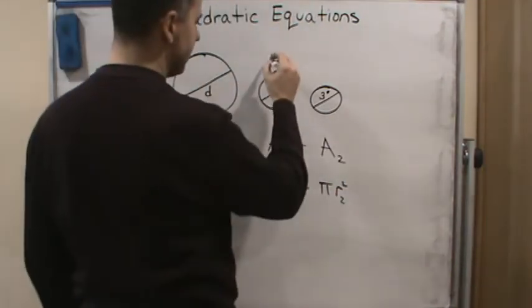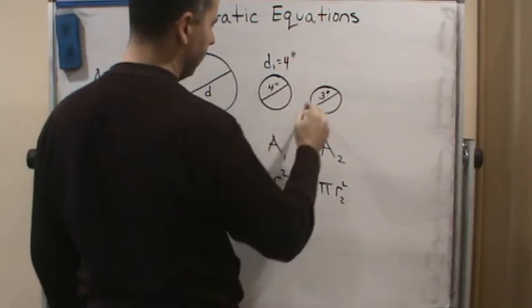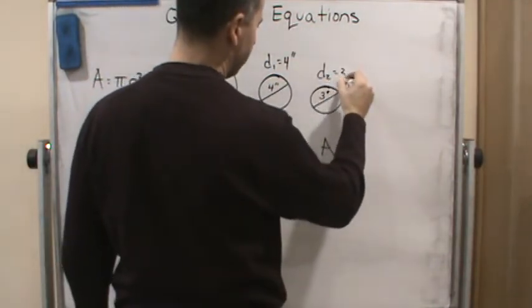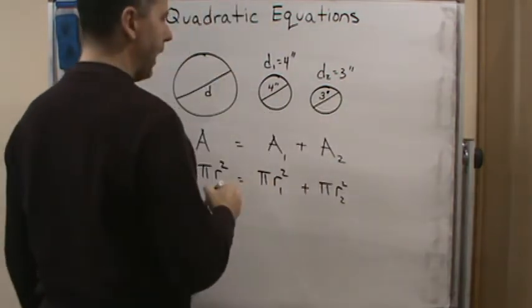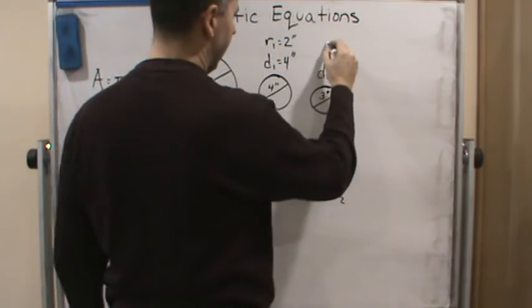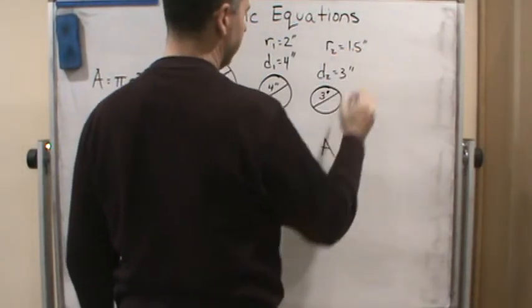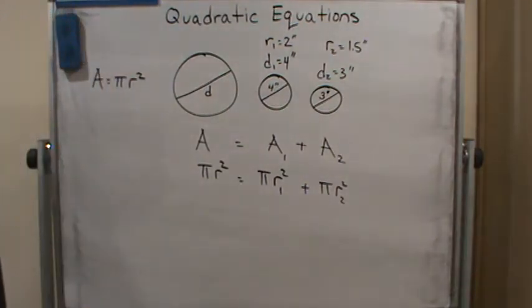Well, if d1 is equal to 4 inches and d2 is equal to 3 inches, well that means that r1 is equal to 2 inches and r2 is equal to 1.5 inches. Okay? That should make sense, right?